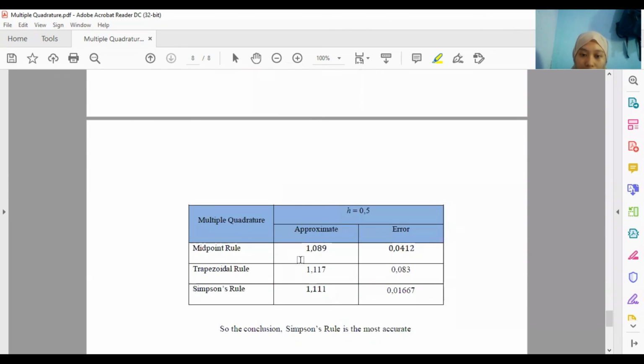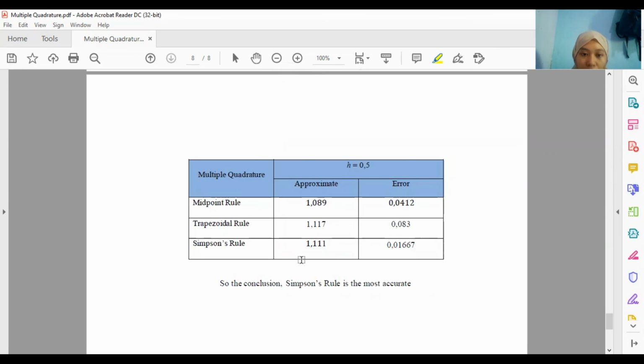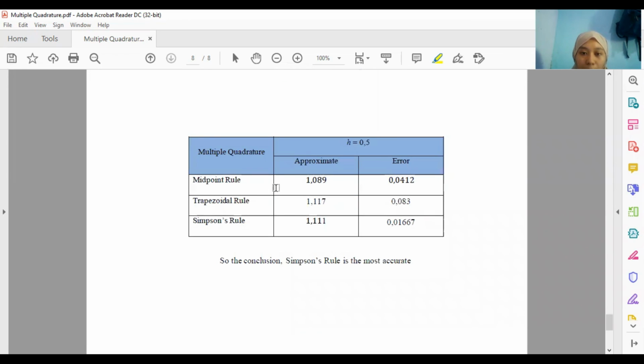Okay, and next, the conclusion. We have midpoint rule.